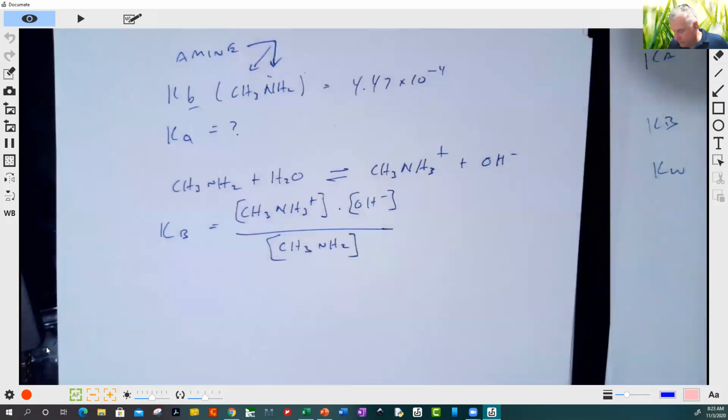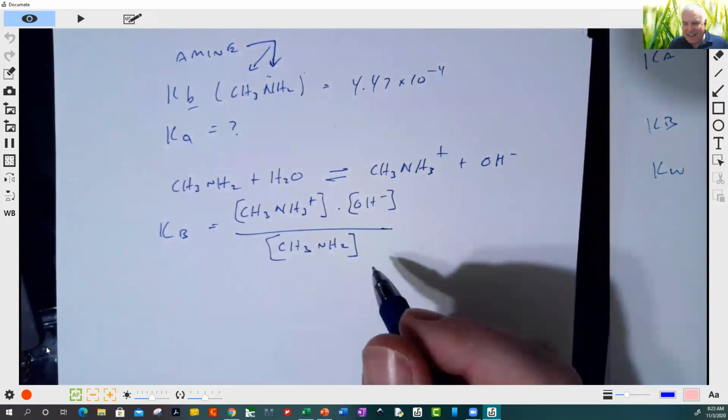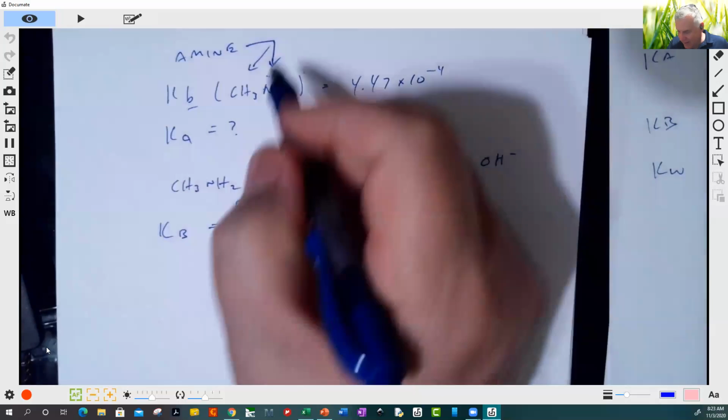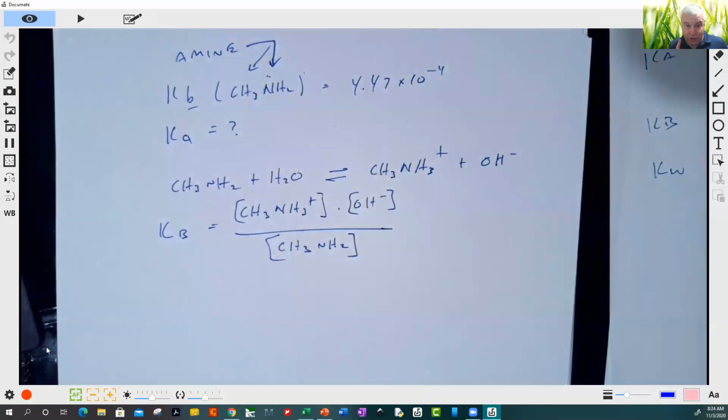So here's an interesting little factoid: amines all smell like fish. They're all kind of nasty, and some of them are really nasty, right?